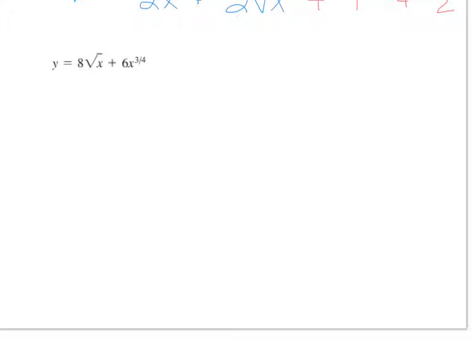So at this point, we have another problem with a radical, but this time the radical is not in a denominator, and we do have an x with a fractional power.